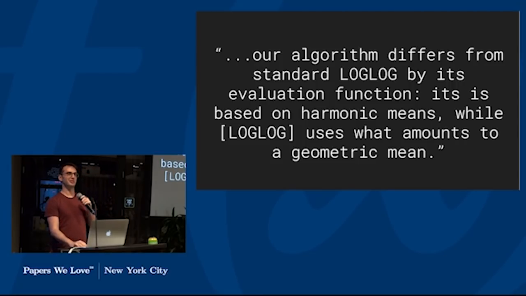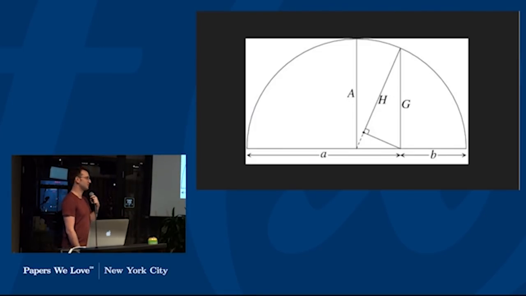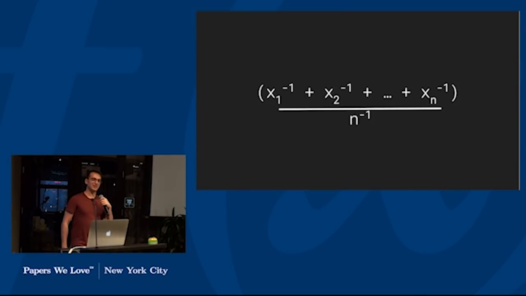Okay, so what's a harmonic mean and why does it help? The harmonic mean is one of the 3 Pythagorean means. It's the arithmetic mean, the geometric mean, and the harmonic mean. And if you go look the Pythagorean means up, you end up on MathWorld or on Wikipedia, and you get this picture which gets us back to feeling like this. The harmonic mean looks a lot like the arithmetic mean.